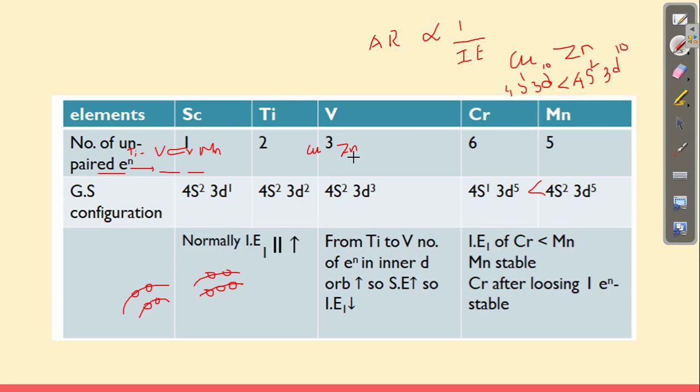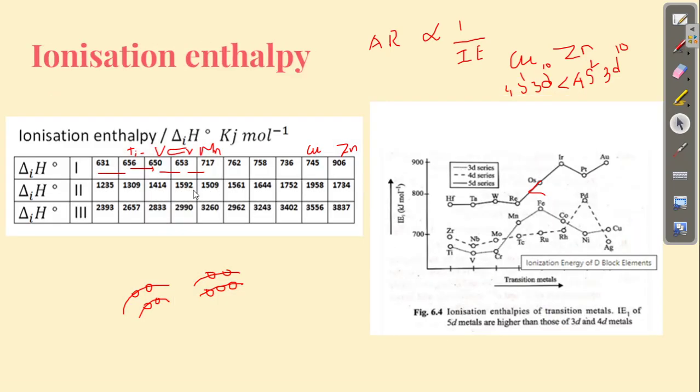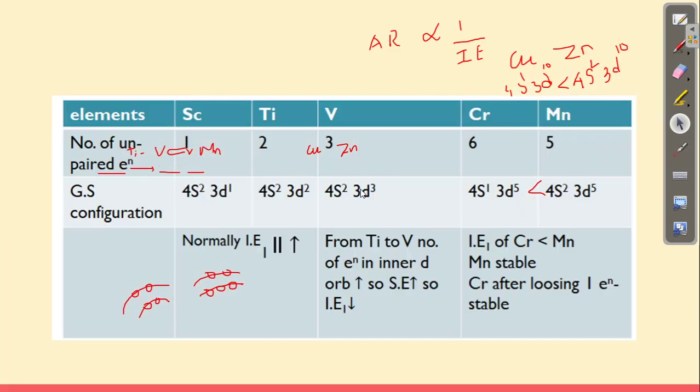But when we go to the second ionization enthalpy, you can check that for chromium it is more and for manganese it is less. And for copper it is more and for zinc it is less. Why? What is the reason? We know the first ionization enthalpy is greater for manganese and zinc because of their stable configuration.